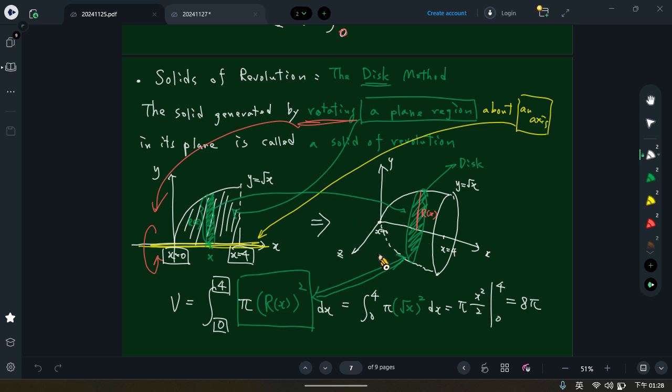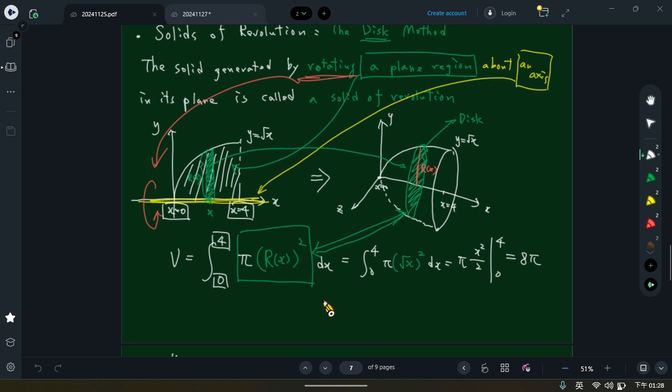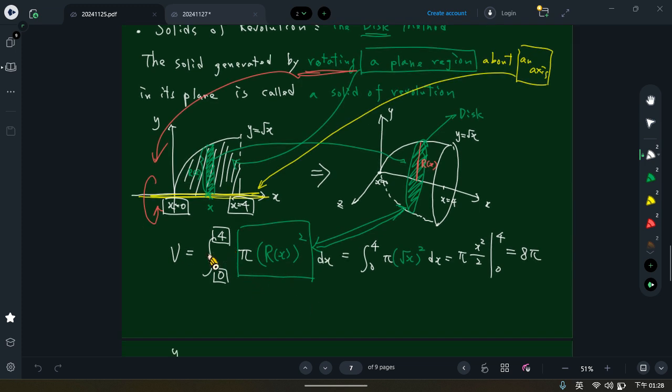So this is a typical example, and the formula is like this: integral from the start to the end, then pi r squared. Because for each part, we can use the function value as a radius. Using this as a radius, you can get the area of this disk, then times the small portion dx. Then finally sum them together.